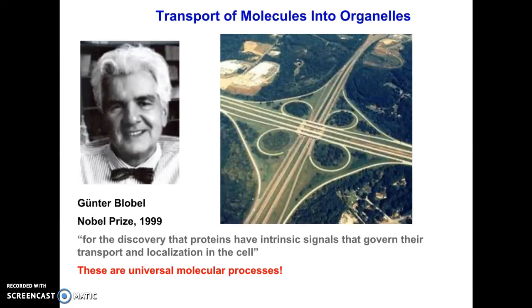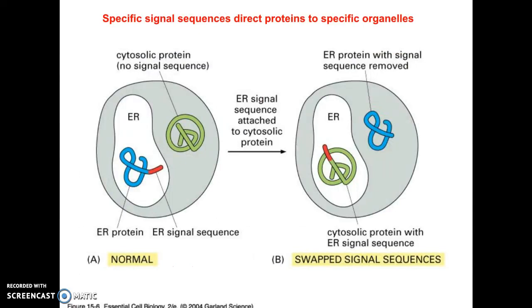So he's the person who came up with this idea that proteins have an inherent signal sequence. And the way that he did that was he took a protein that was normally resident in the endoplasmic reticulum, and he took off a portion of that protein and attached it to a protein that was normally resident in the cytosol.